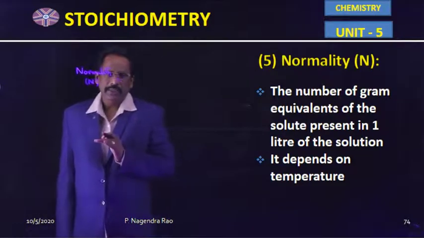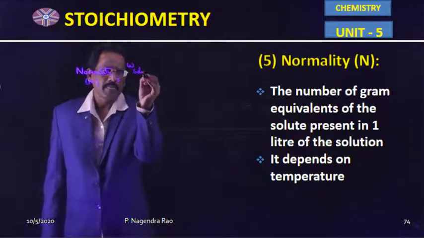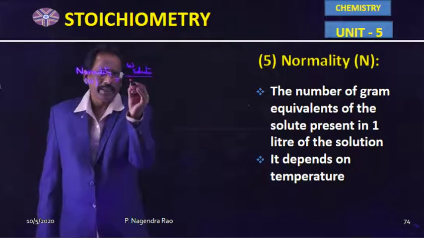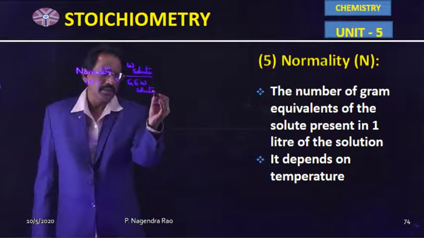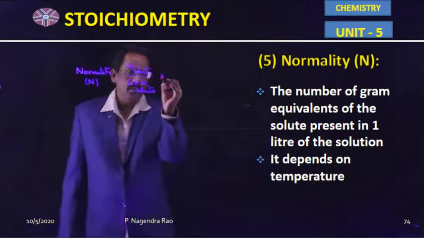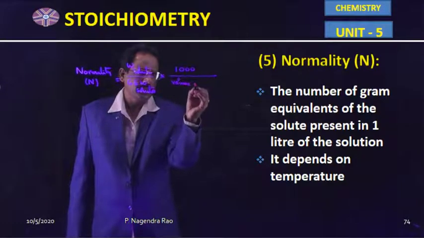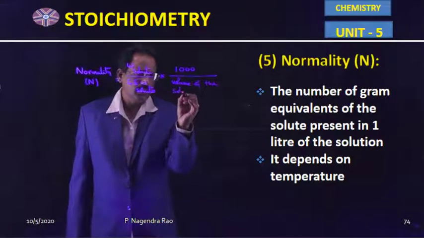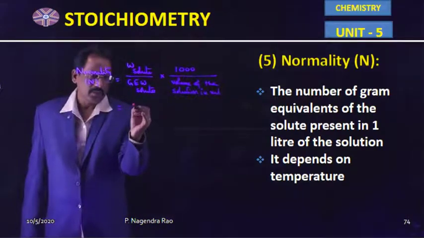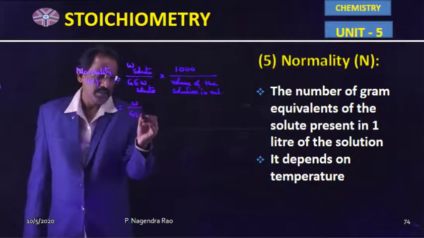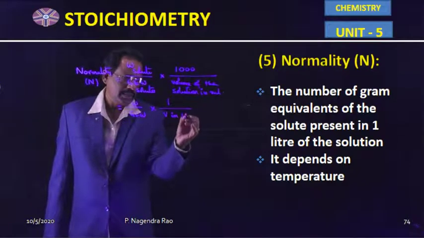The formula used to calculate number of gram equivalents of the solute is weight of the solute divided by gram equivalent weight of the solute, into 1000 divided by volume of the solution in milliliters, or normality is equal to weight by gram equivalent weight into 1 divided by volume of the solution in liters.